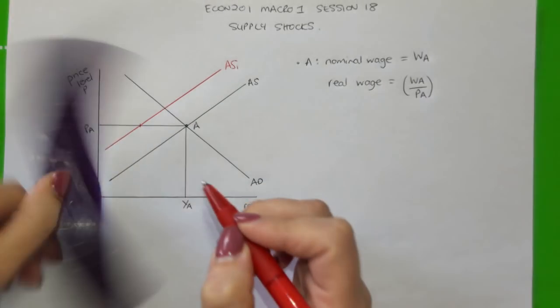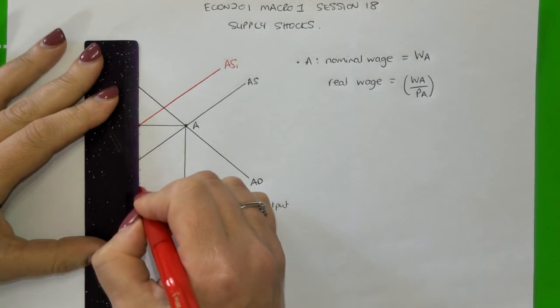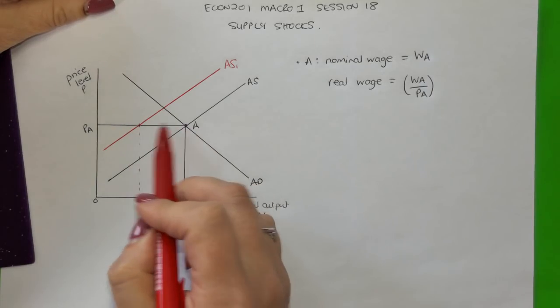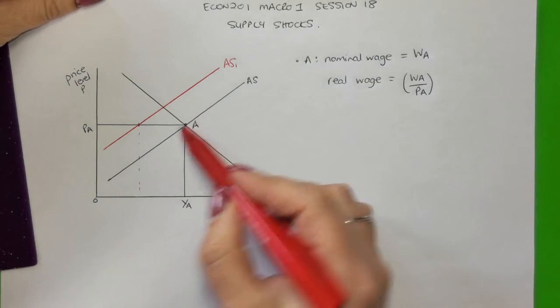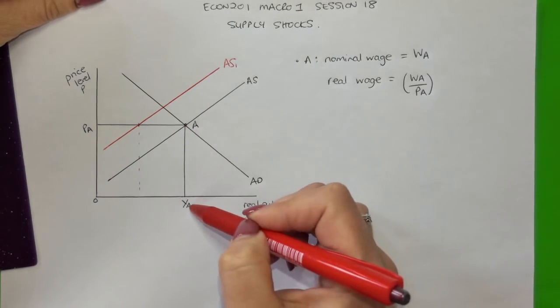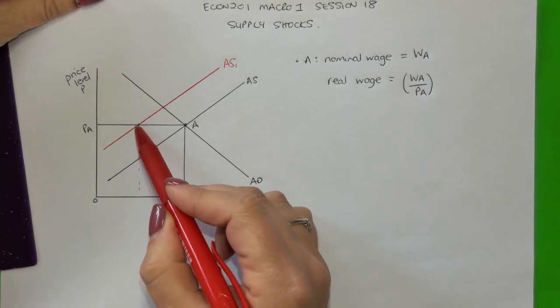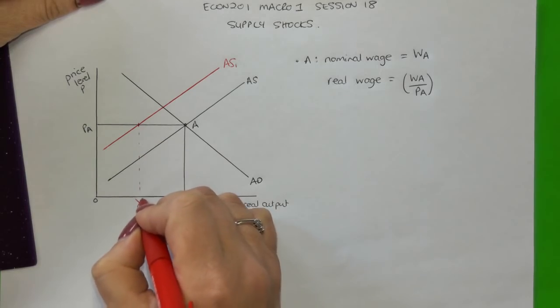So if you have a look here, when the supply of goods and services decreases because of, say, an oil price increase, then the amount which is demanded at the price level PA is YA, but the amount which ends up being supplied because the supply of goods and services decreases is less than that, say Y prime.